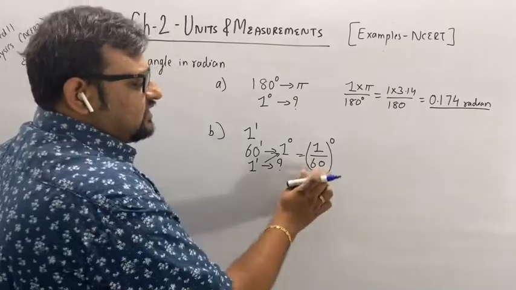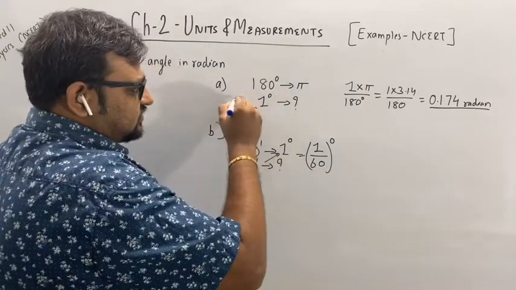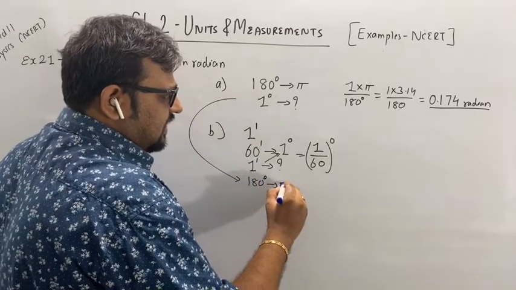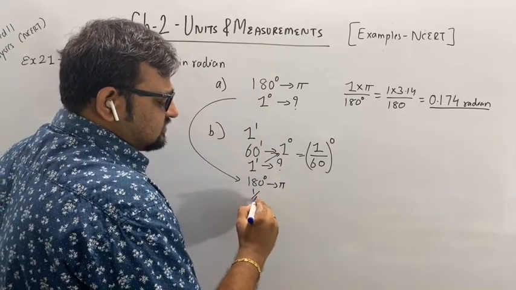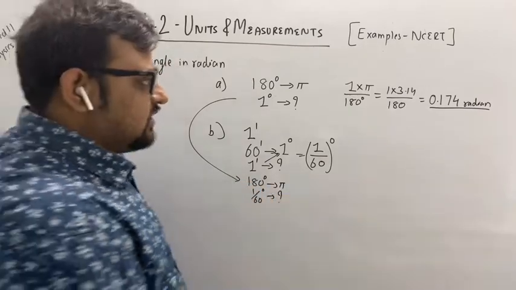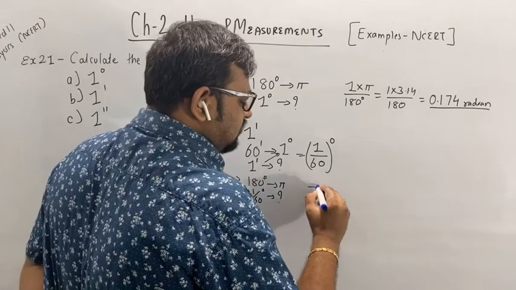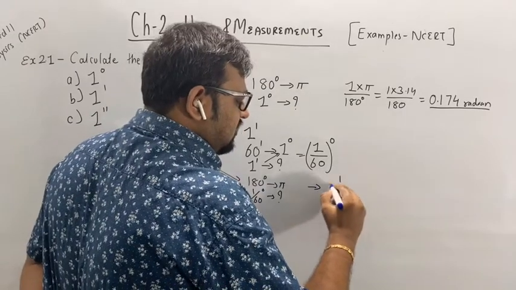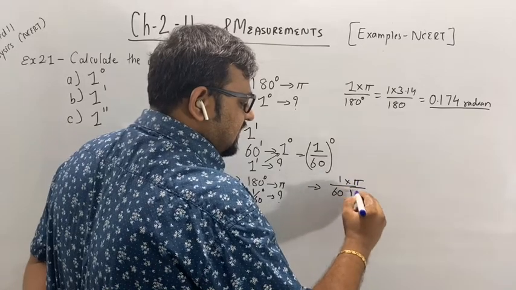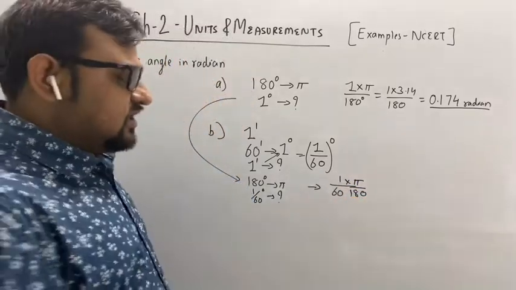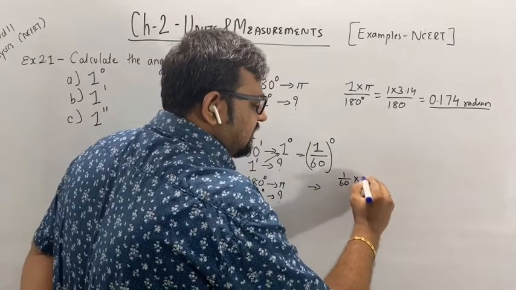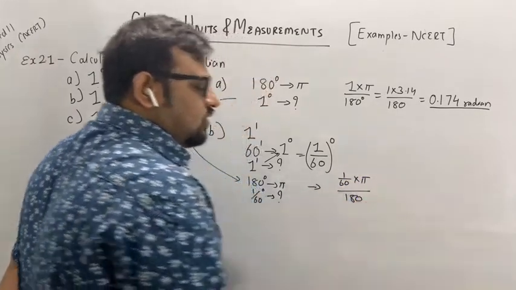Now you have a degree. So again, 180 degree is pi, 1 upon 60 degree, how much? This is equal to 1 upon 60 multiplied by pi upon 180.